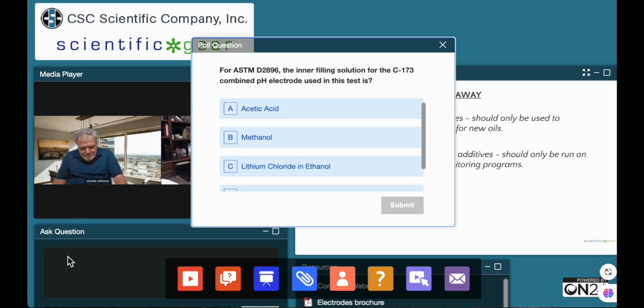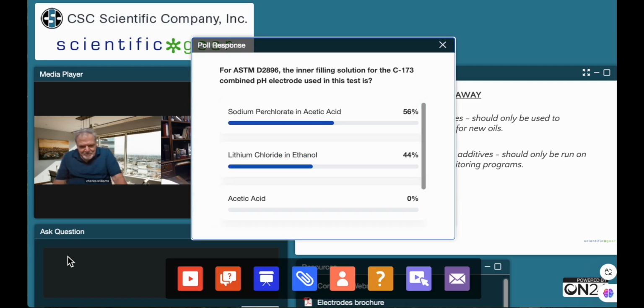Right. No hints. Okay, here we go. The results: 44% lithium chloride in ethanol and 55.6% sodium perchlorate in acetic acid.